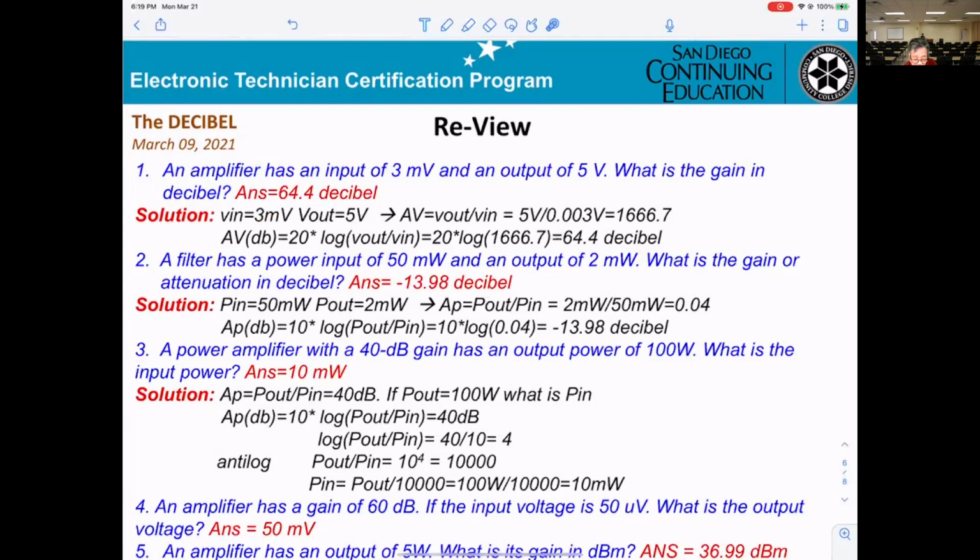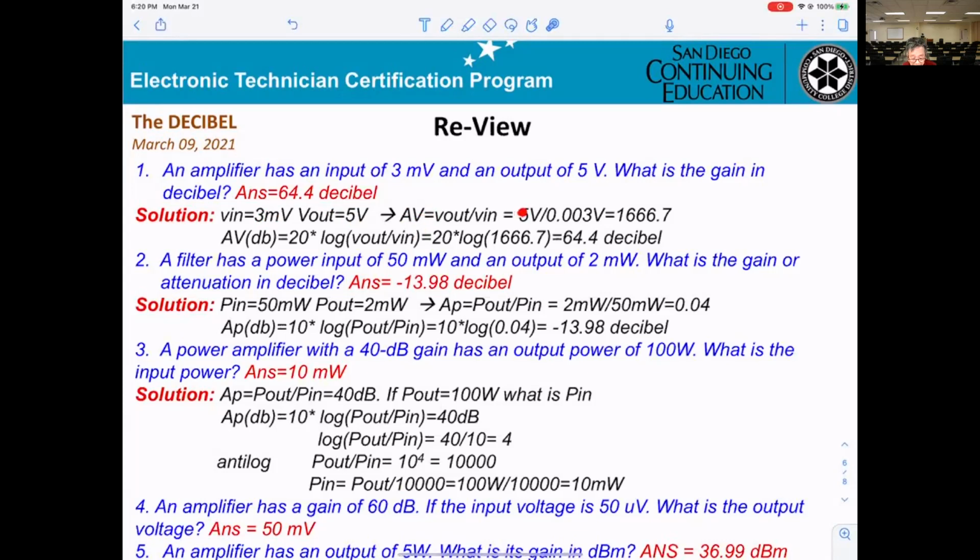V in is 3 millivolt, V out is 5 volt. Now you have to calculate the gain. The gain equals V out divided by V in. However, they must be the same unit. You can't take volt divided by millivolt. No, they have to be the same.